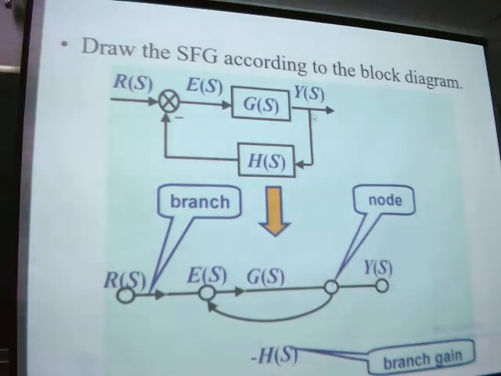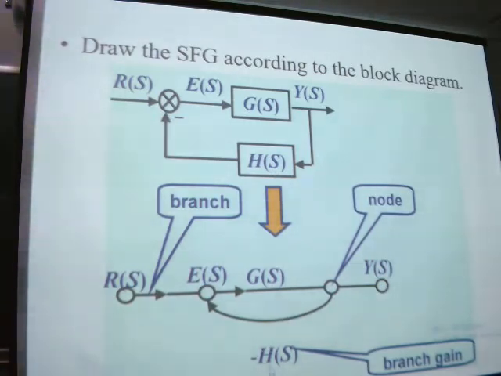And this takeoff point corresponds to this node. For this block diagram, H is the feedback.